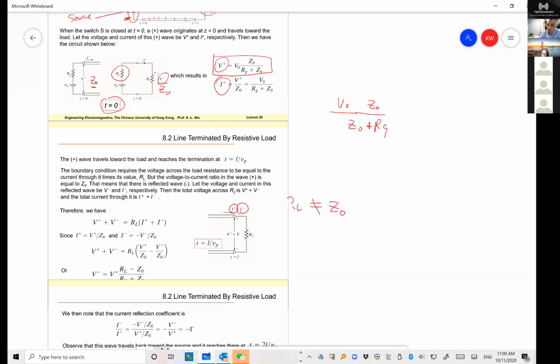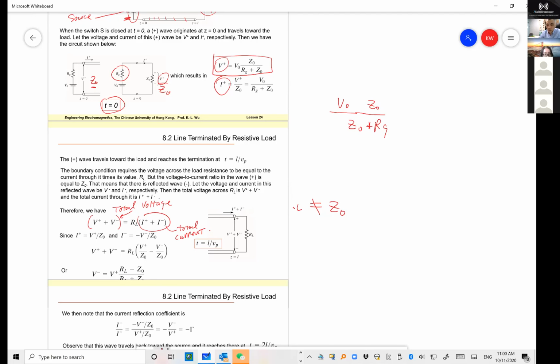Therefore, the Ohm's law that is satisfied is by the total voltage and the total current, because voltage and current are waves right now. The total voltage and the total current satisfy Ohm's law.